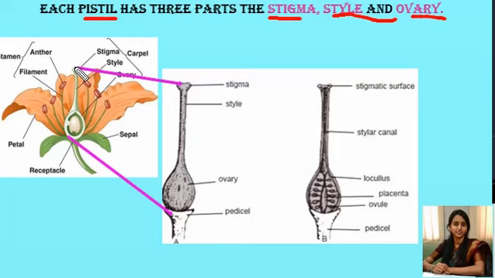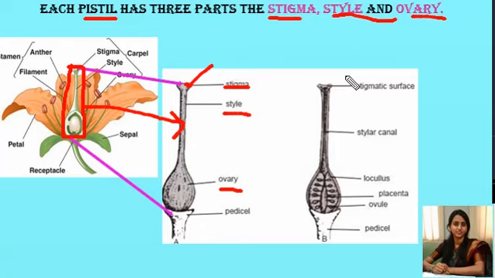This is known as the gynoecium or carpel. This part that I have enlarged here. So this part is the stigma. This is the style and this is the ovary. The ovary is placed on the tip of the pedicel. It is known as the thalamus.